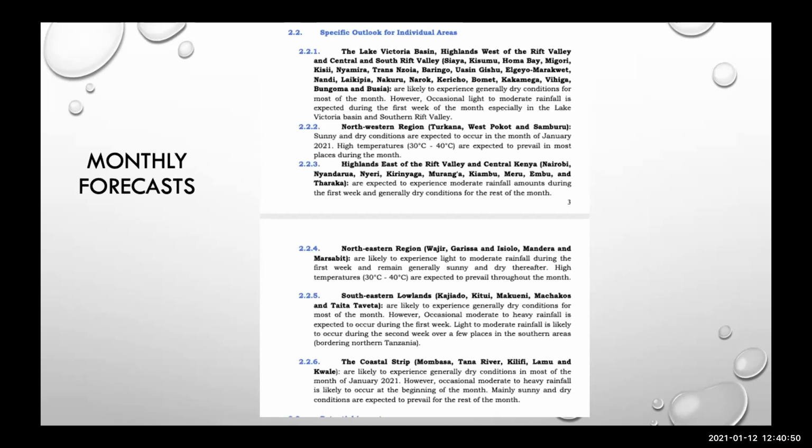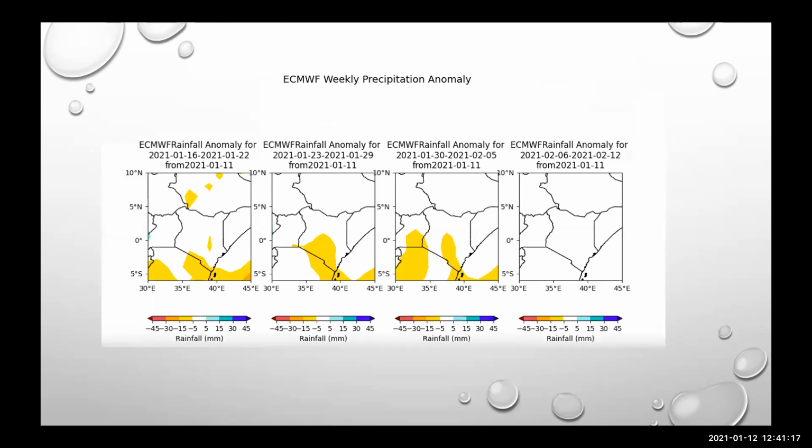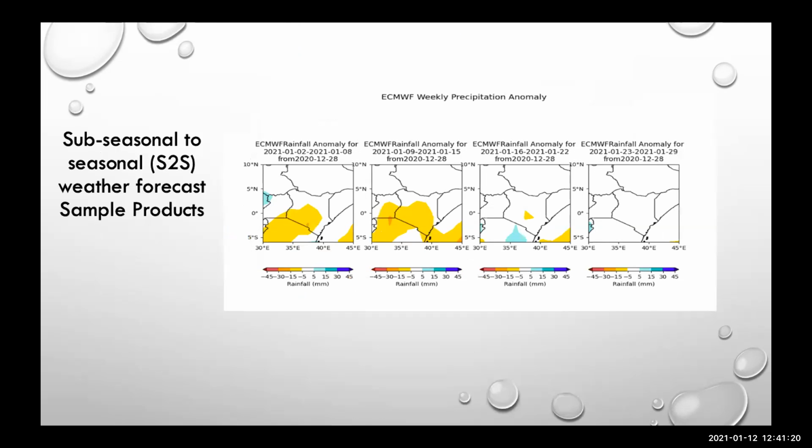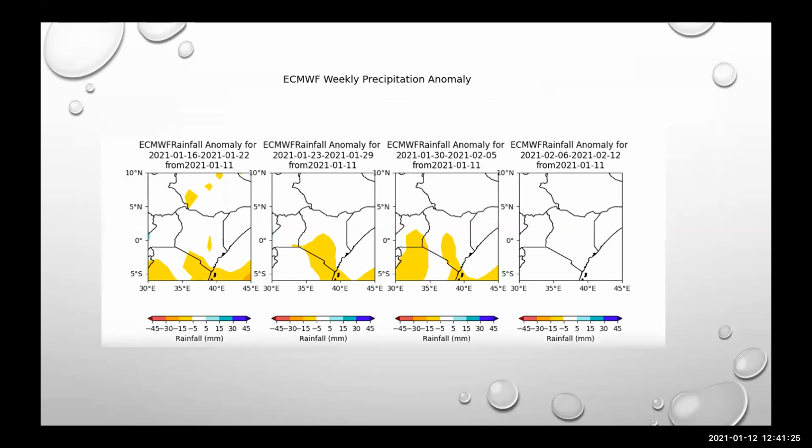Like this monthly forecast that was issued for January, the Lake Victoria Basin and mainly the western parts of the country, when you read through bullet 2.2.1, these regions are likely to experience generally dry conditions for most of the month. However, occasional light to moderate rainfall is likely during the first week. That was greatly informed by some of the products from the run that we had before the beginning of the year 2021.